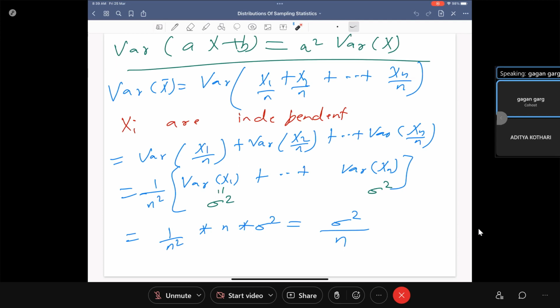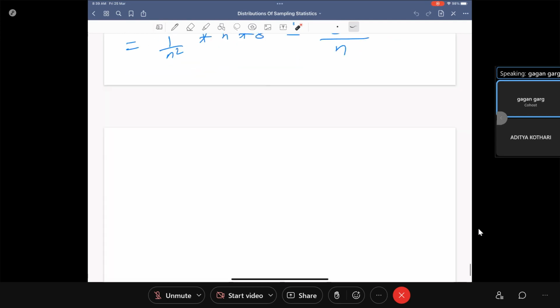Let's move ahead to the next topic, which is the central limit theorem.